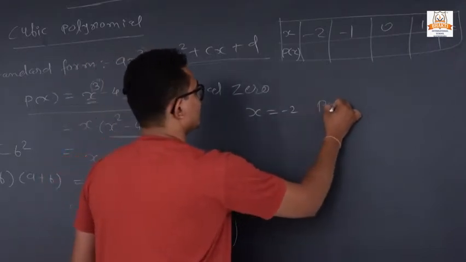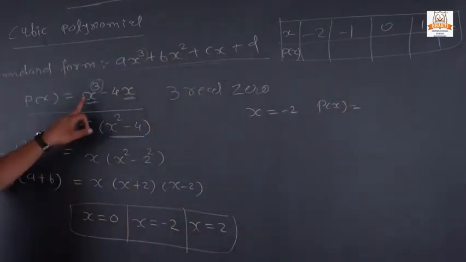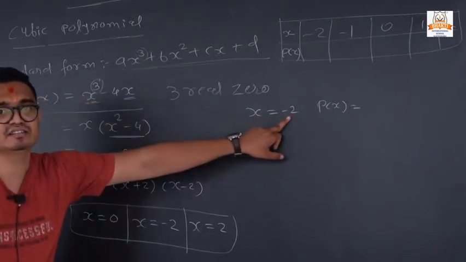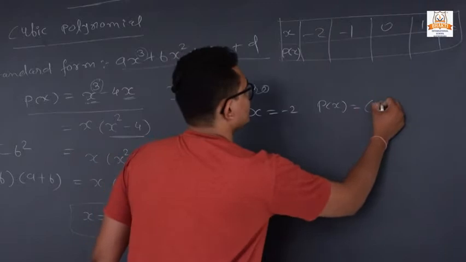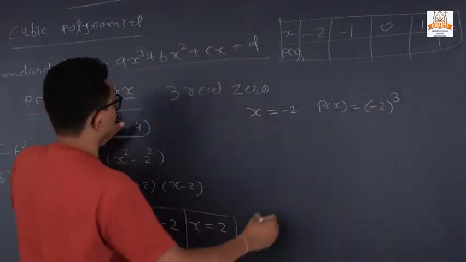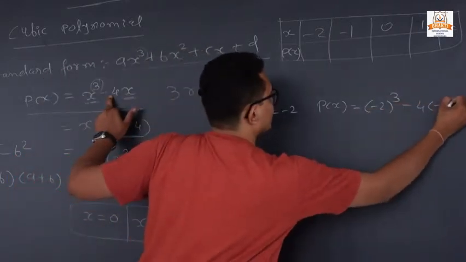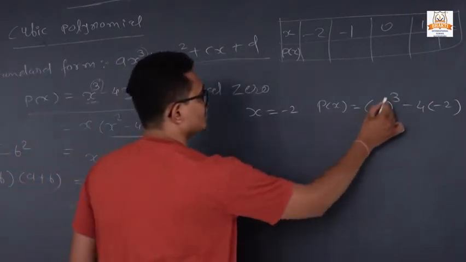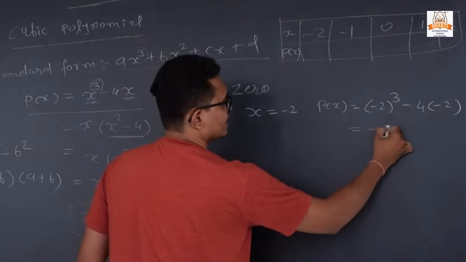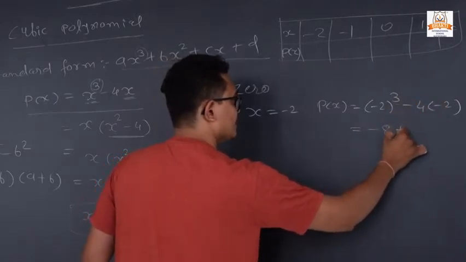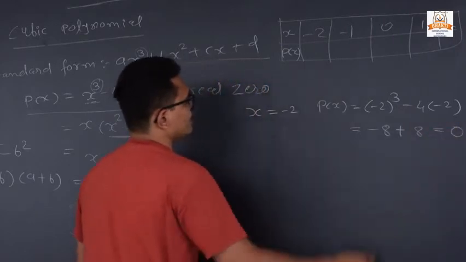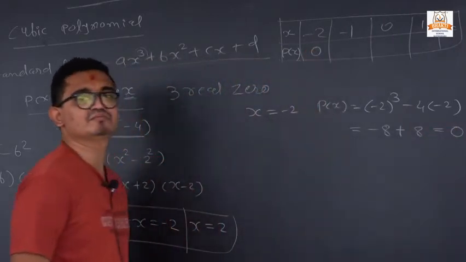So p of x is equal to minus 2 cubed minus 4 times minus 2. Minus 2 cubed is minus 8, and minus minus becomes plus, so 4 twos are 8, so the answer will be 0. So here we put 0.